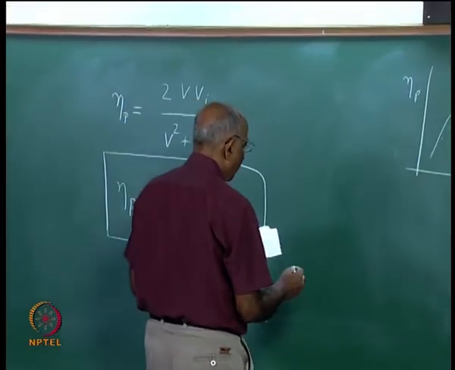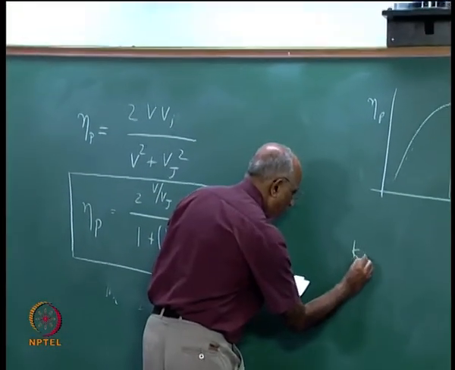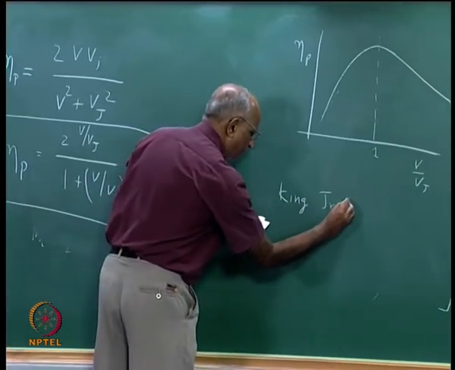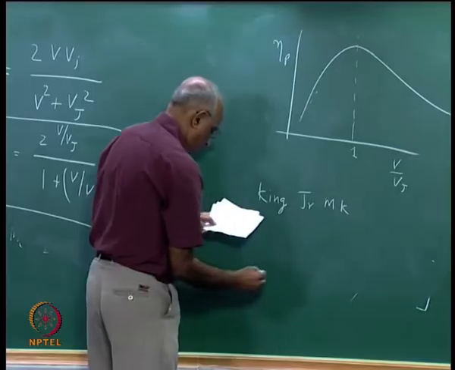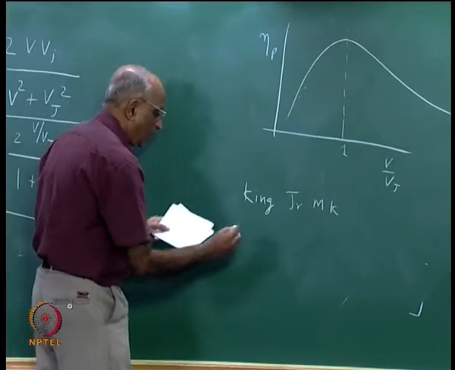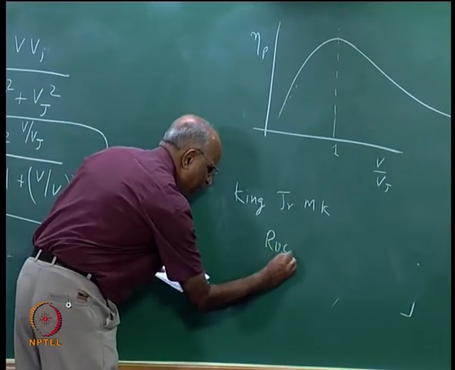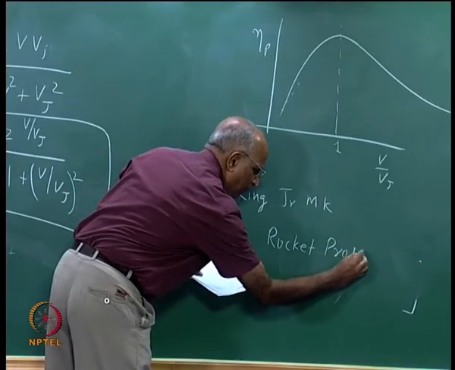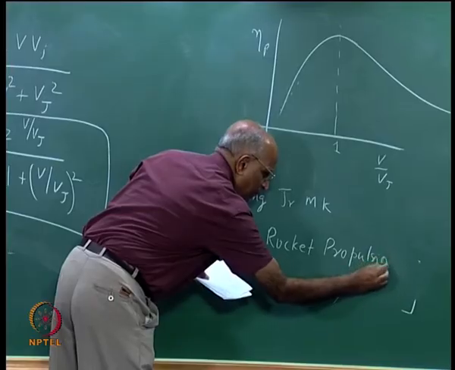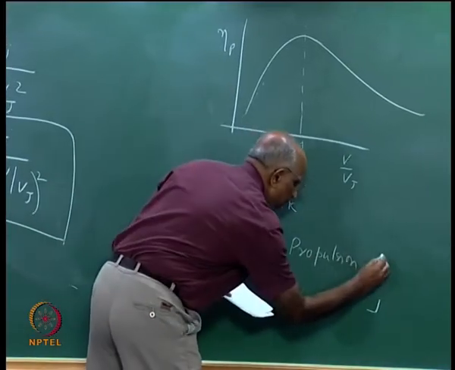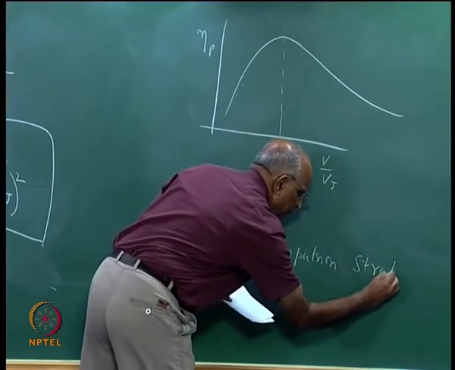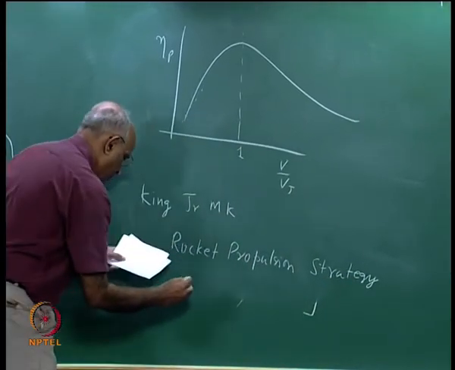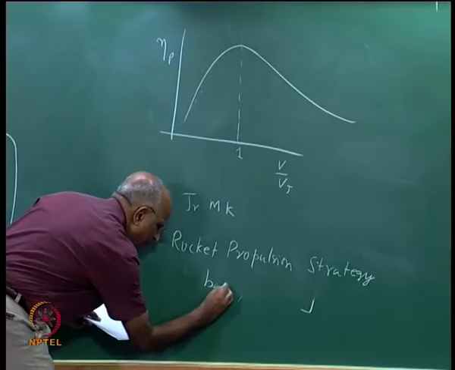It is by King, Junior, M. K. The title of the paper is Rocket Propulsion Strategy Based on Kinetic Energy Management.